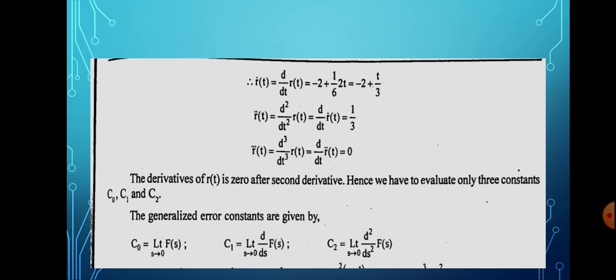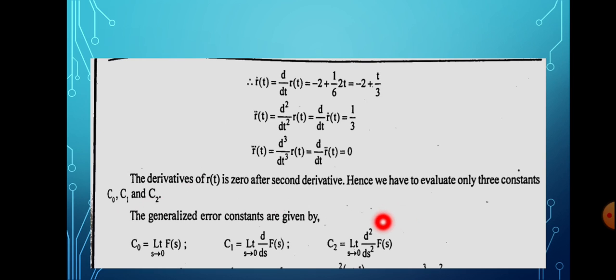When a derivative becomes 0, you need not find the error coefficient corresponding to that term. Here r of t, r dash of t and r double dash of t have values, so you need to find only c0, c1 and c2, okay?